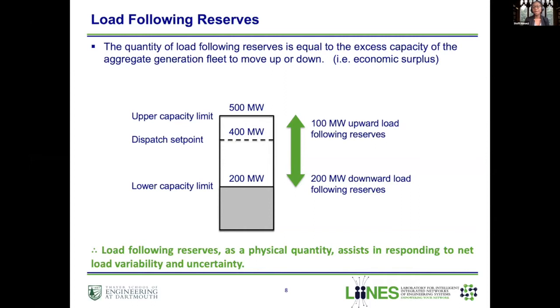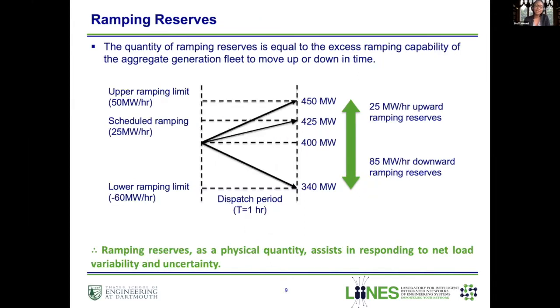So in case you had a generator with a maximum capacity of 500 and a minimum capacity of 200, and it is currently at 400 megawatts, this generator can provide you with about 100 megawatts of upward load following reserves and 200 megawatts of downward load following reserves.